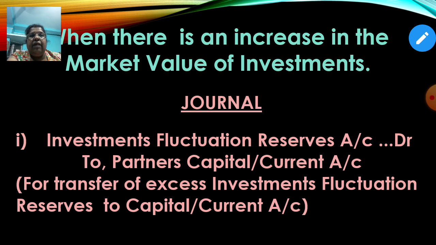So the market value has increased. Now in this case, the first journal entry will be investment fluctuation reserve account debit to all partners' capital account. Any excess of the fluctuation reserve will be transferred to partners' capital account.